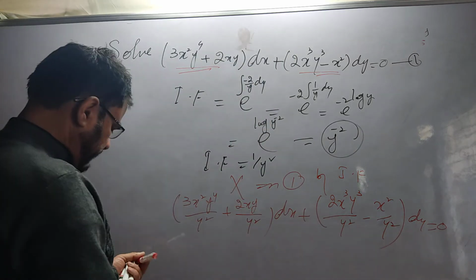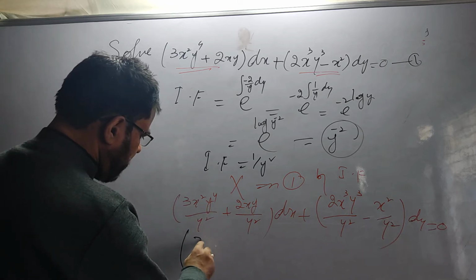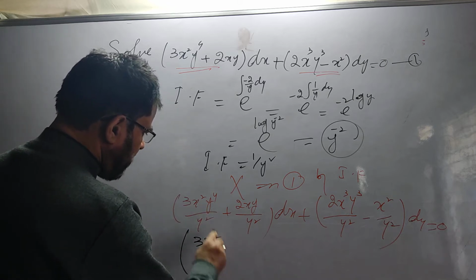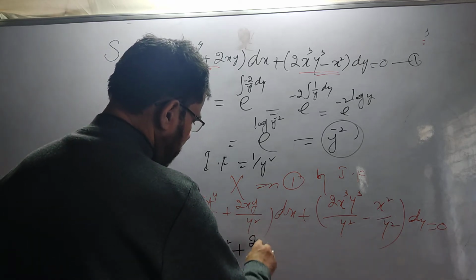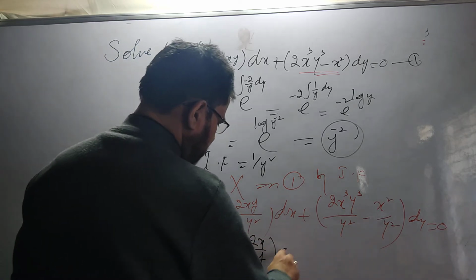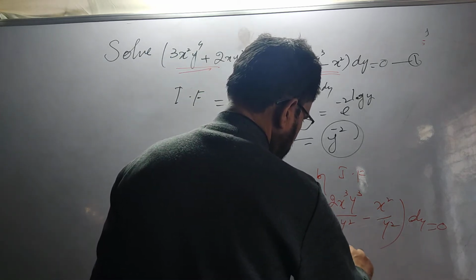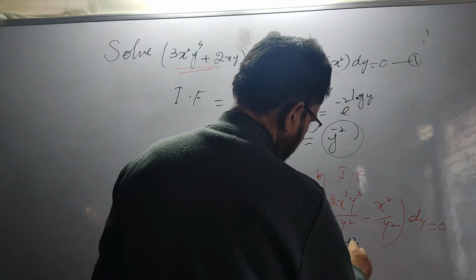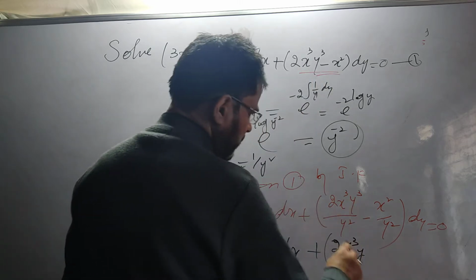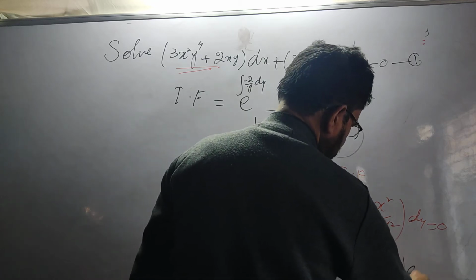What is this now? This will be 3x square y square plus 2x by y dx plus 2x cube y minus x square by y square dy.